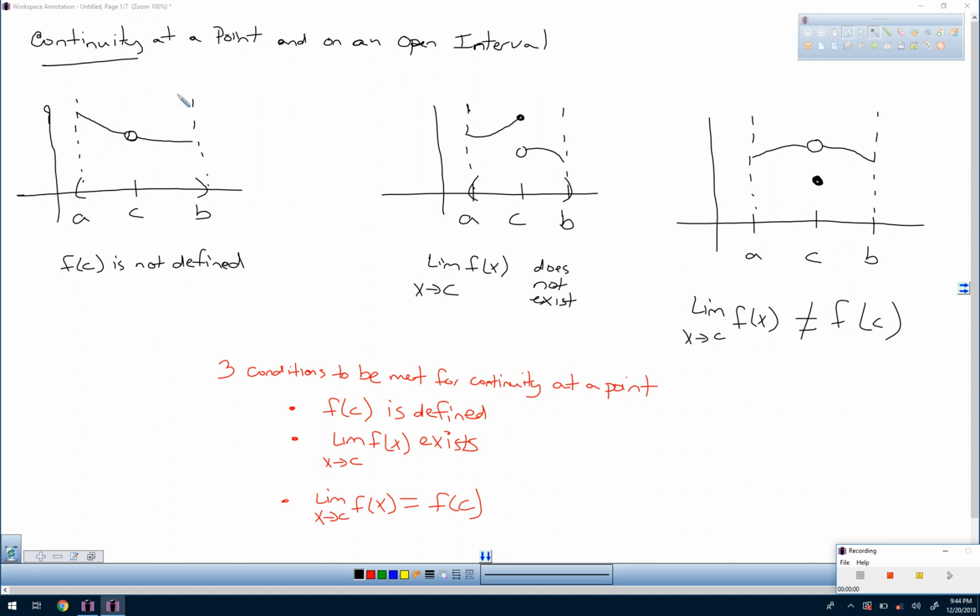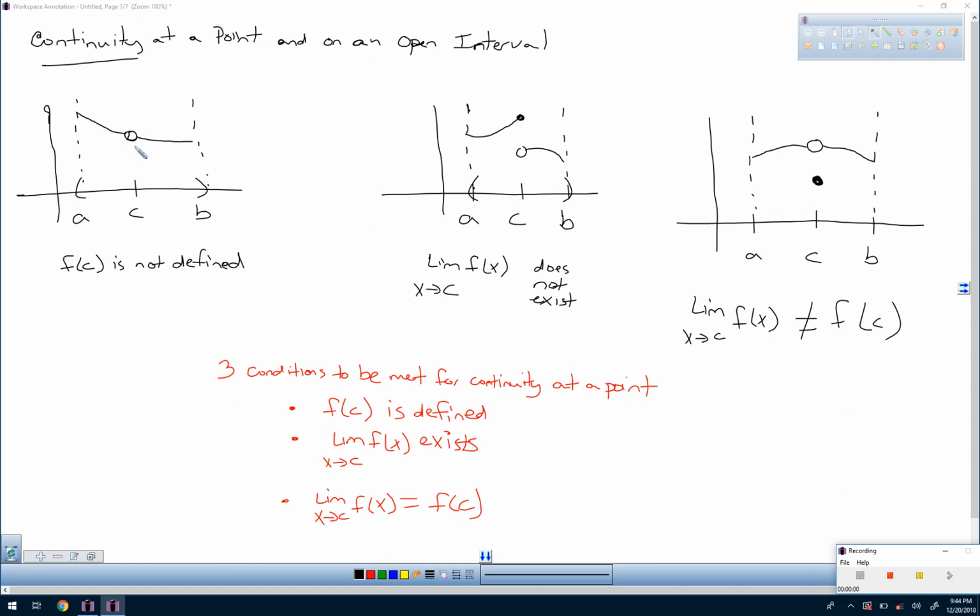The first one on the left, if you notice, I have an open interval, the interval A to B, and it's open, not included. And then there is some point C between A and B. If you notice, just by looking on the interval from A to B, that function is definitely not continuous.